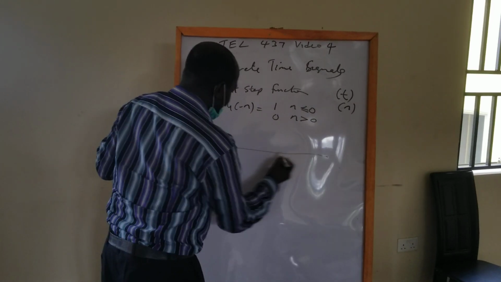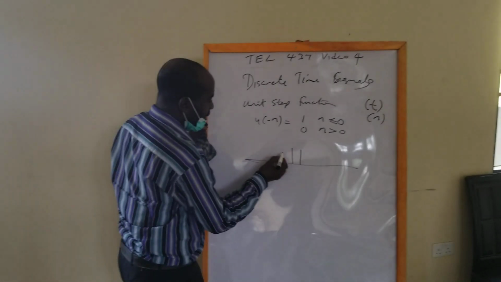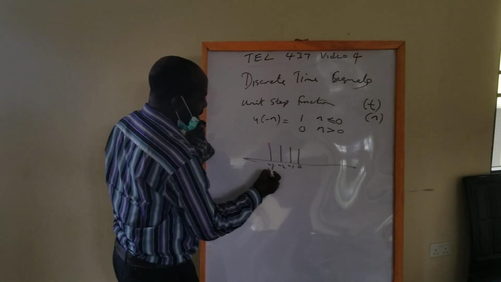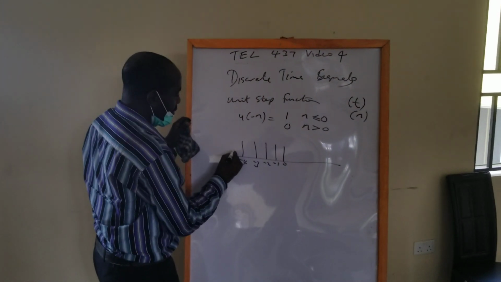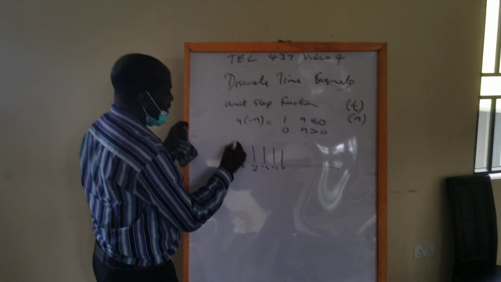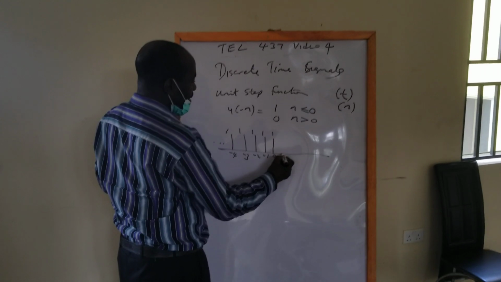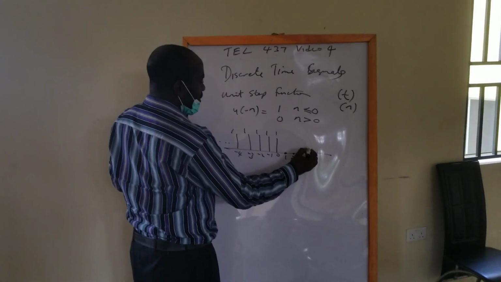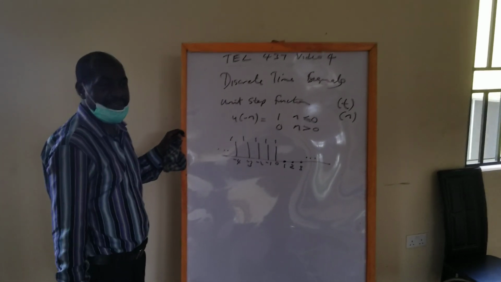So in this case, the 1s will come to the other side. This is 0, minus 1, minus 2, minus 3, minus 4, dot, dot, dot. The height is going to be 1, 1, 1, 1. And then at 1, it's going to be 0, at 2 it's going to be 0, at 3 it's going to be 0, dot, dot, dot. So this is a kind of reversal. Reversal has taken place here.